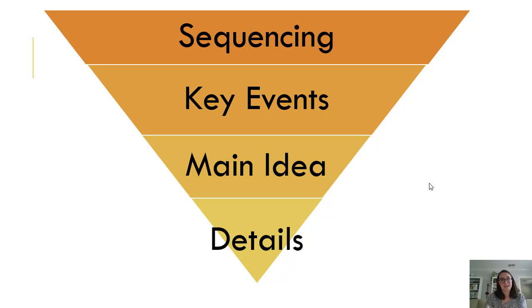So here's a breakdown of the unit. I'm a very visual person, so this always helps me when I'm thinking about the big idea of the unit, and the order of our events as we sequence our unit.